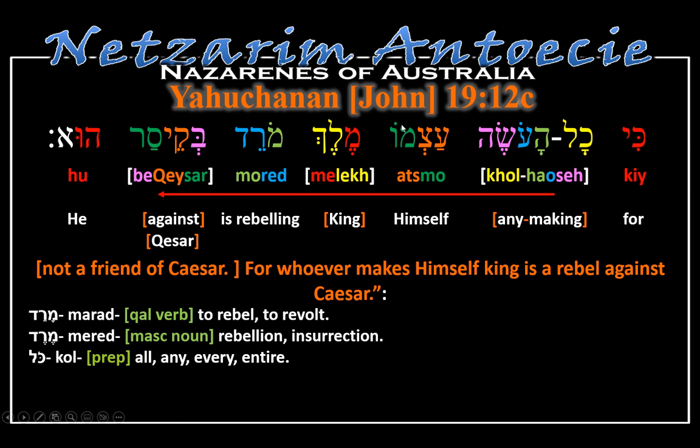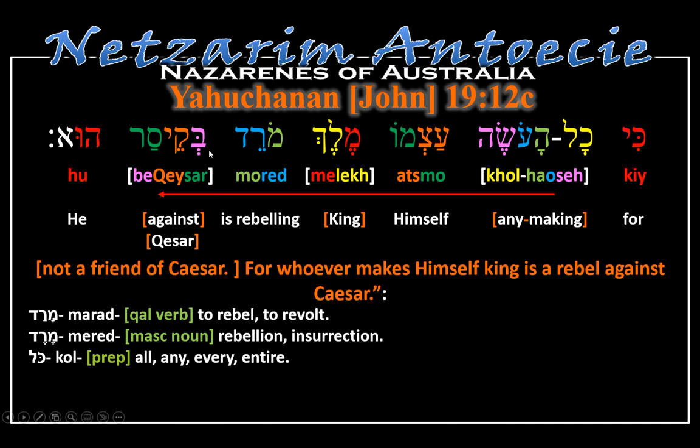Otzmo, which we know is himself. Melech, king. Mored is rebelling. So let's have a look. Morad is a kal verb to rebel, to revolt. And mered, as a masculine noun, means rebellion or insurrection. And then I've also repeated here, kol means all, any, every, entire, right?